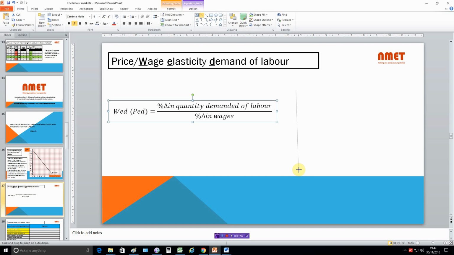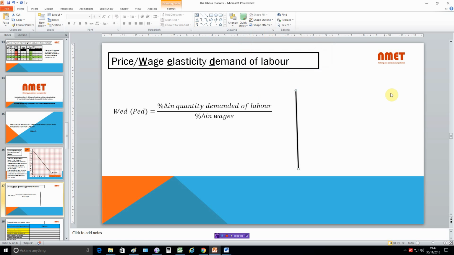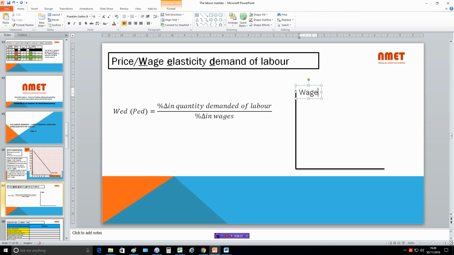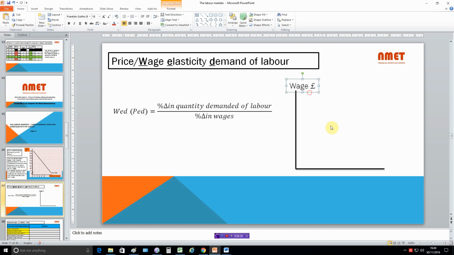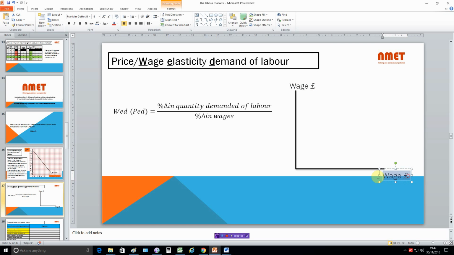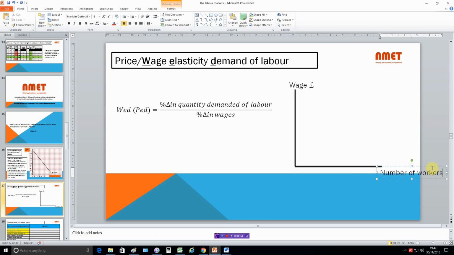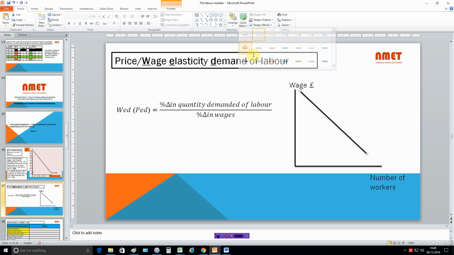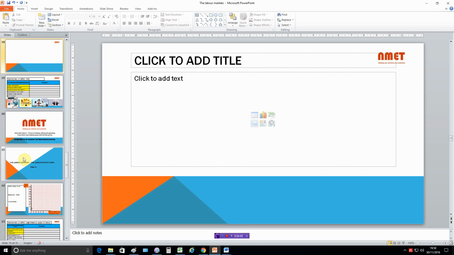Let me quickly draw one over here, with the number of workers on the axis. It's the firm's demand for labor.